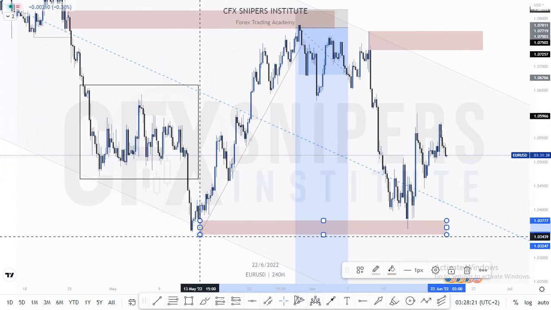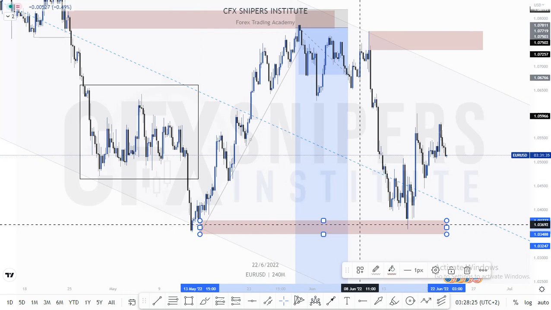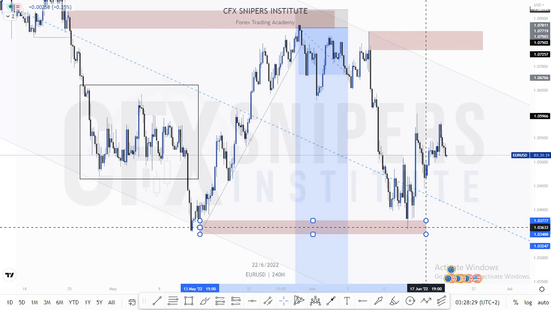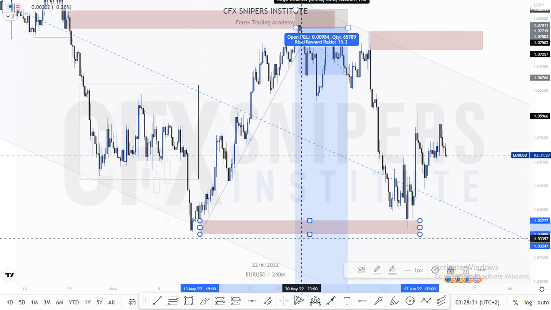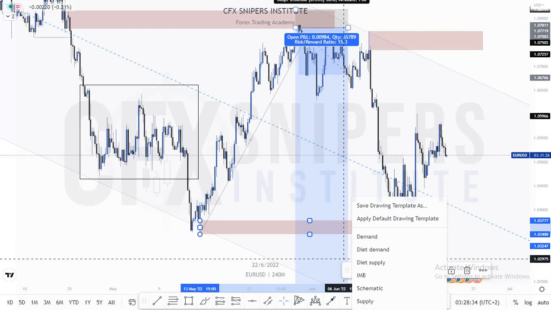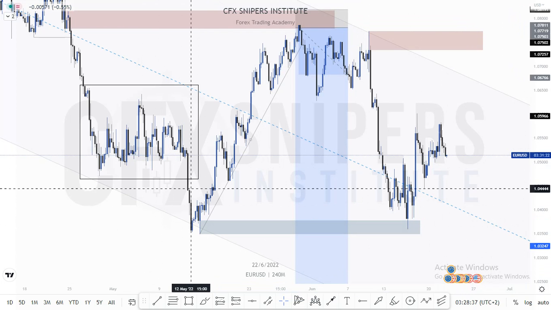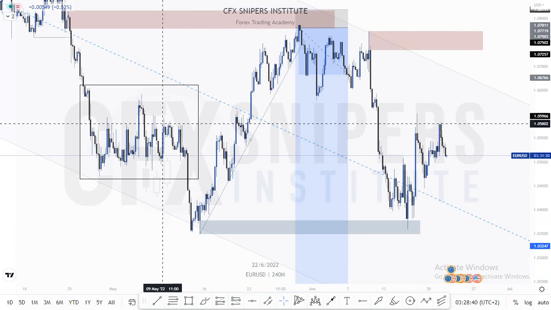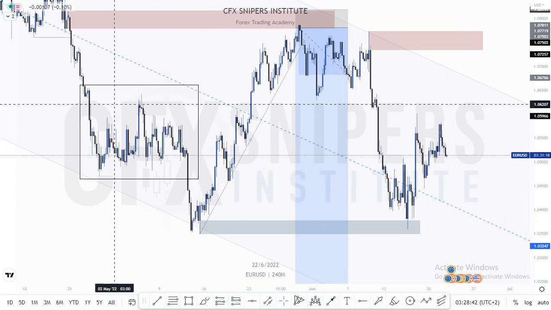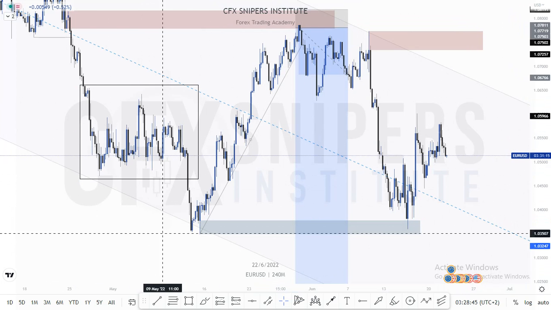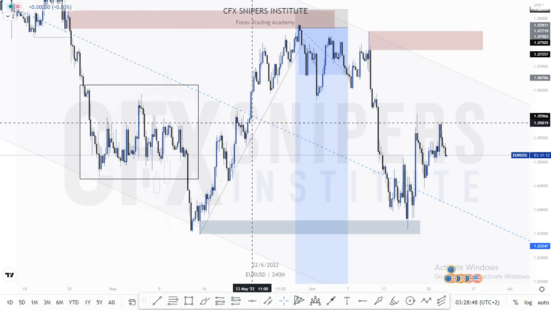However, if I were a day trader, I would mark this as a demand zone simply because it broke this high, it basically broke everything on the left here. And this is the origin where the whole move originated. So when you come back here, we're looking for buys.